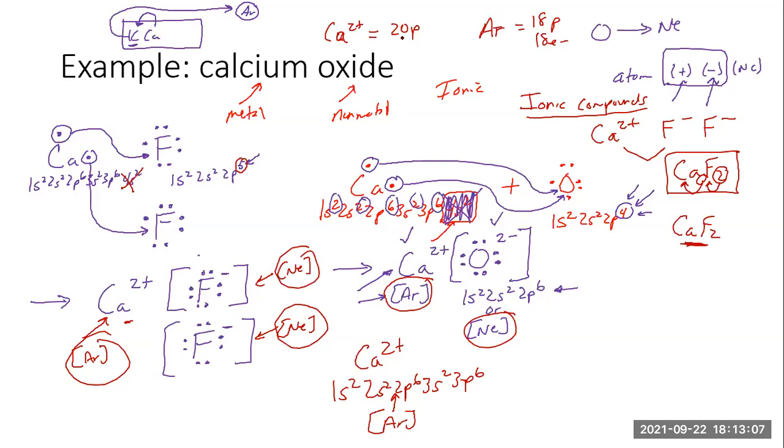That's its atomic number. But it only has 18 electrons. So what argon and calcium with a +2 charge share in common is they both have the same number of electrons and the same electron configuration, and that makes them sort of stable in terms of bonding. But definitely calcium with a +2 charge is still calcium because it still has 20 protons.